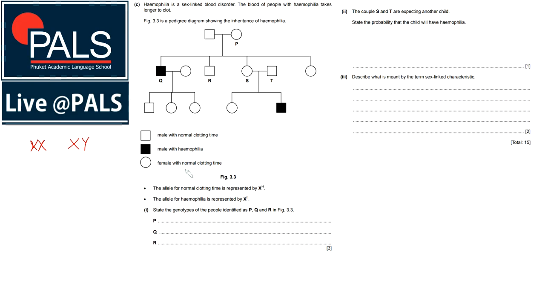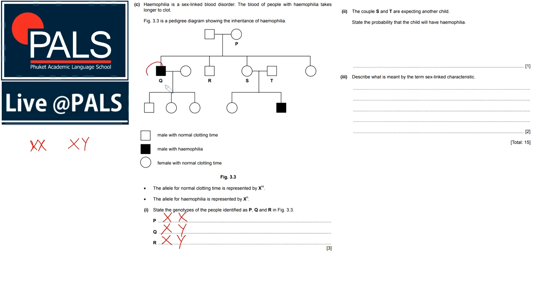We know that P is a woman, so P must be XX, and then, depending on the letter, let's see what this is going to be. Q is a man, so it must be XY, and R is another man, so it must be XY as well.